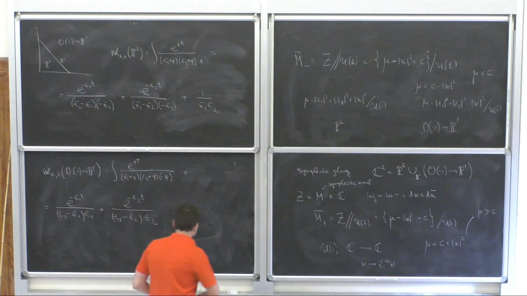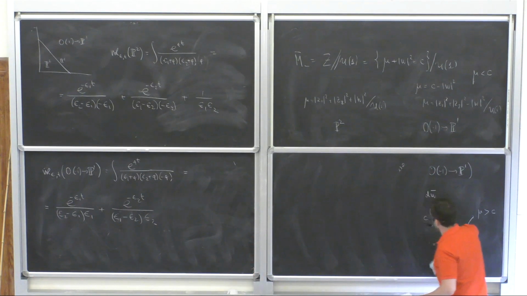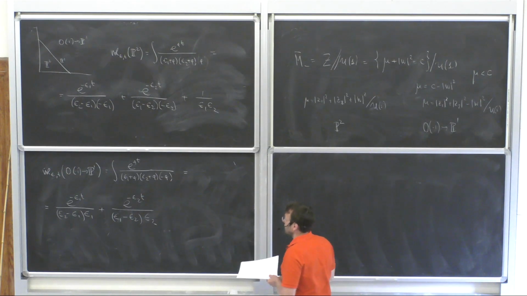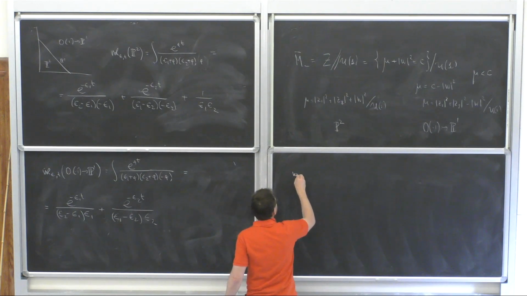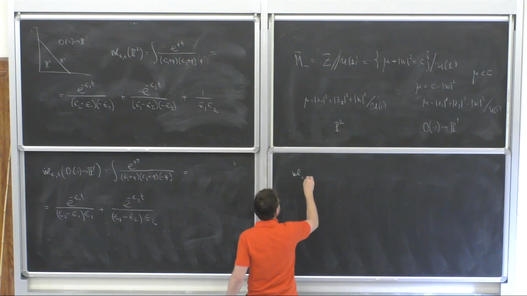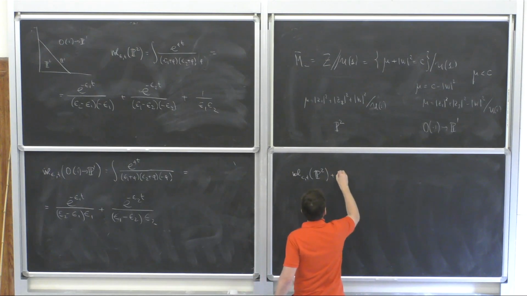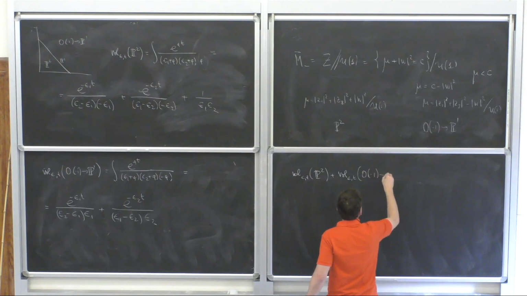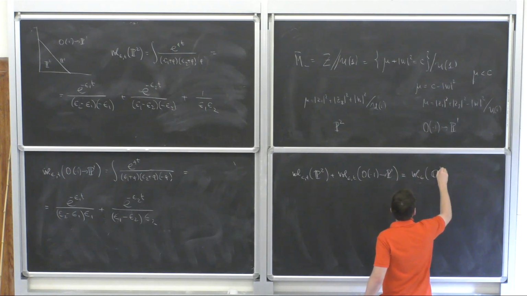This is a very trivial observation, but what you can see is that the equivariant volume of epsilon t over P2 plus the equivariant volume of epsilon t over O(-1) over P1 is equal to the equivariant volume over C2.